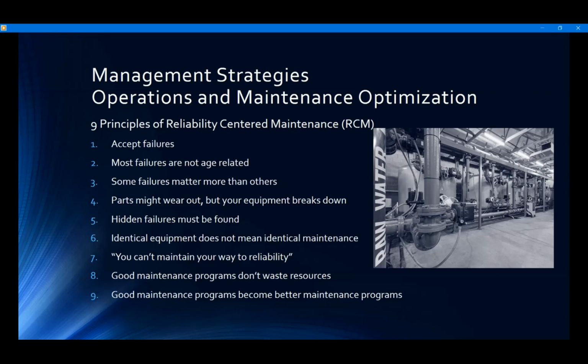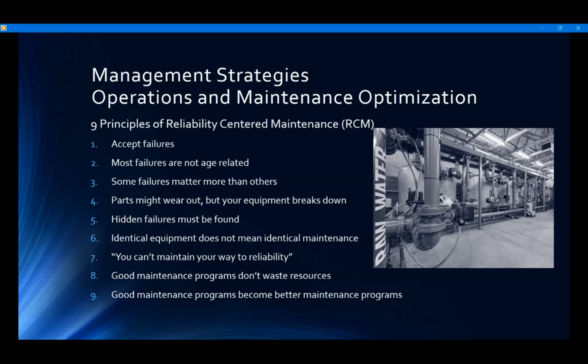Number 2, most failures are not age-related. The likelihood of occurrence is random. Some failures happen in infancy, and we'll talk a little bit more about this when we hit our next slide.